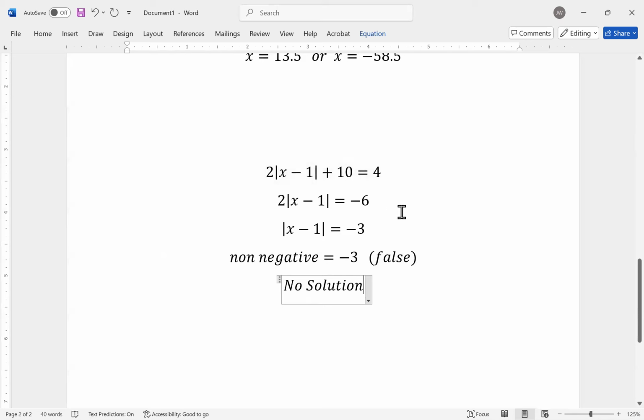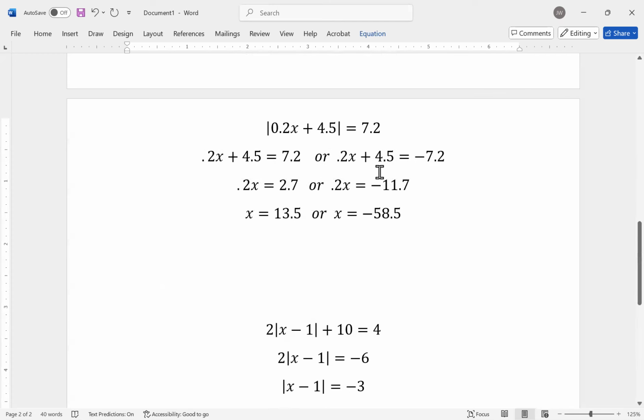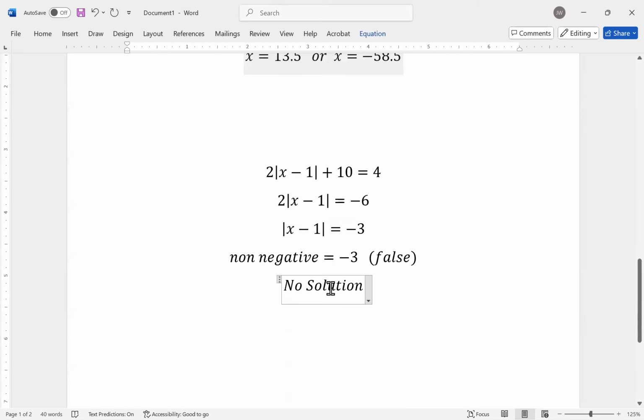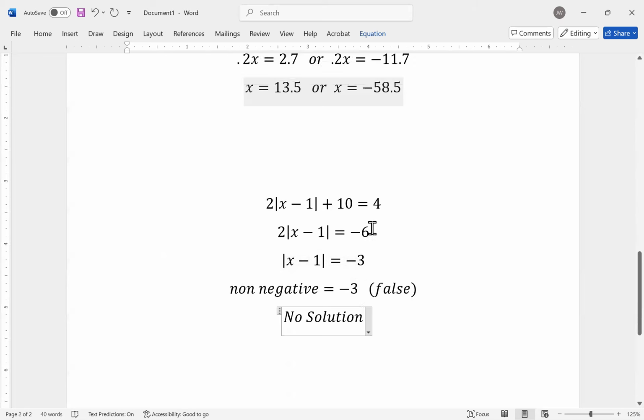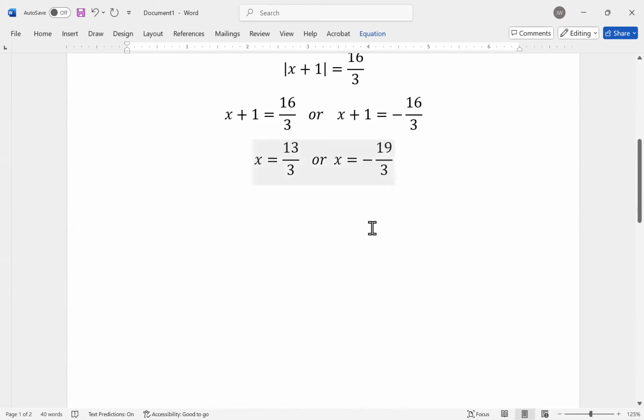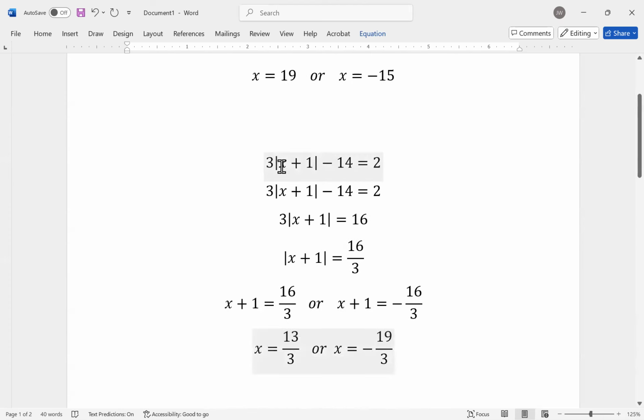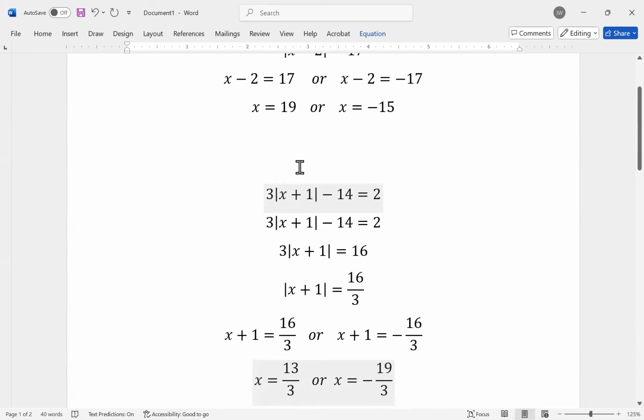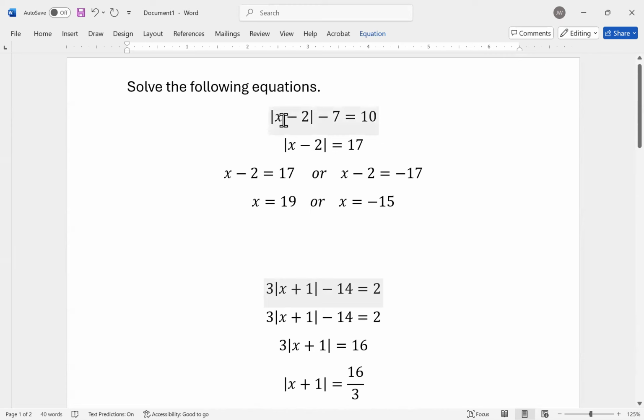Now, I do want to point out that most of the time we get 2 solutions or we get no solution. There is one weird case where it's equal to 0 that we would get a single solution. I'm not going over that. Also, in these instances, I've always put the absolute value around an expression with the variable. So that's what I mean by absolute value equations: absolute value is around an expression with a variable.